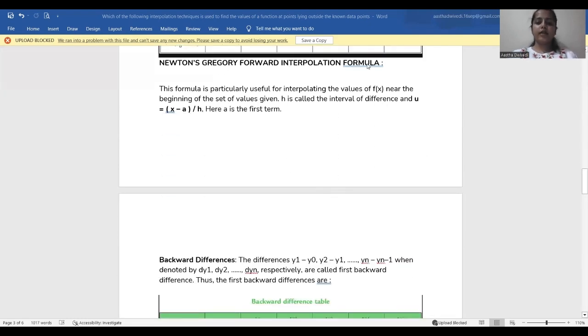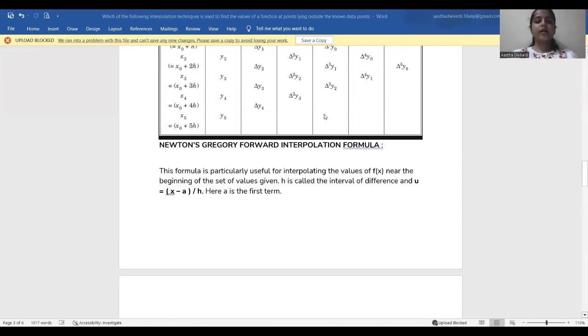Newton's forward interpolation formula. This formula is particularly used for interpolating the value of f(x) near the beginning of the set of values. h is called the interval of the difference and u equals (x minus a) divided by h. Here a is the first term.